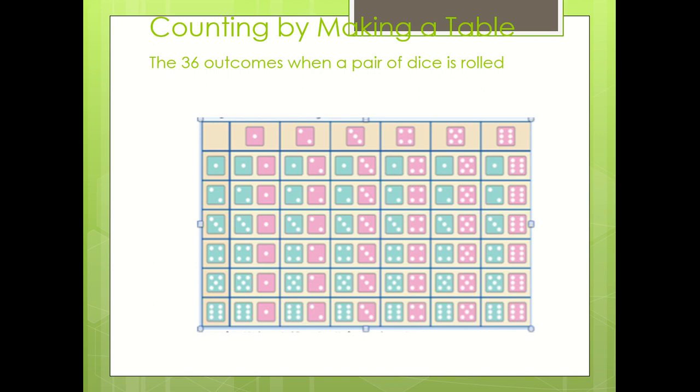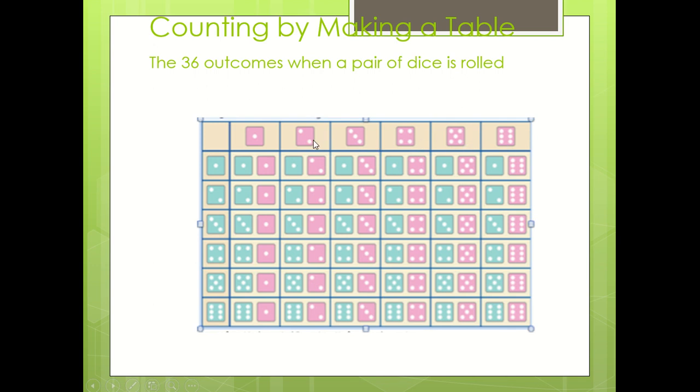A basic example would be the experiment of rolling a pair of dice. When we roll a pair of dice, there are actually 36 outcomes, and these outcomes are represented by this table. For our column, we have 1, 2, 3, 4, 5, and 6 here.